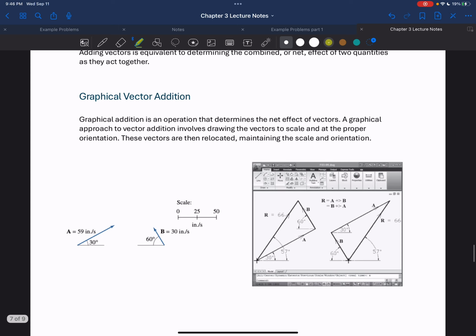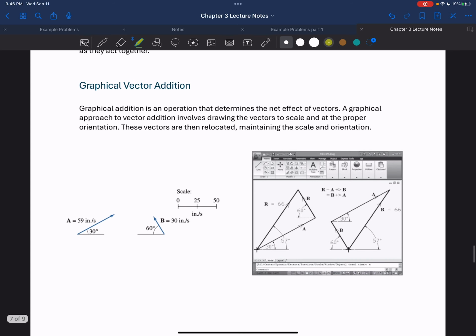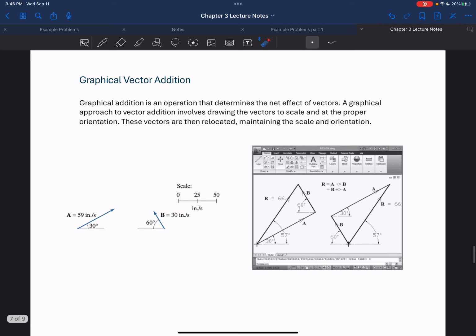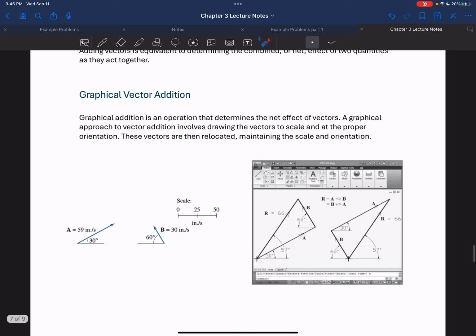One of these ways is graphical vector addition, and you can see on the right side here an actual snippet from AutoCAD. What we're going to be doing is placing vectors tip to tail, which adds them together, and you get this resultant that we're going to call R. And that's how you add two vectors together. If you scale them properly and orient them properly in AutoCAD, your resultant is correct.